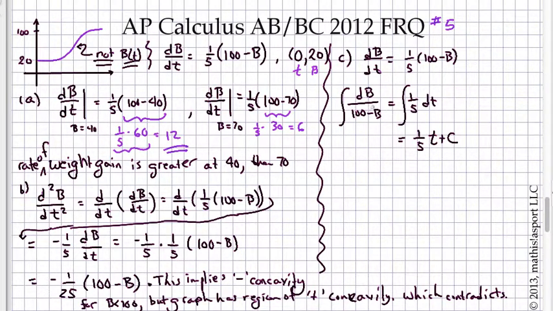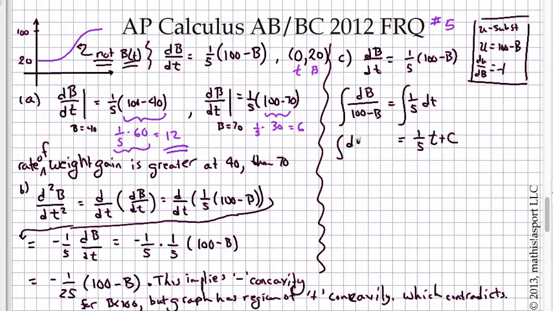This side requires a u substitution. I'm just going to write the u substitution up here. The u substitution is u equals 100 minus B. Therefore, du/dB equals -1. So now we perform that u substitution.